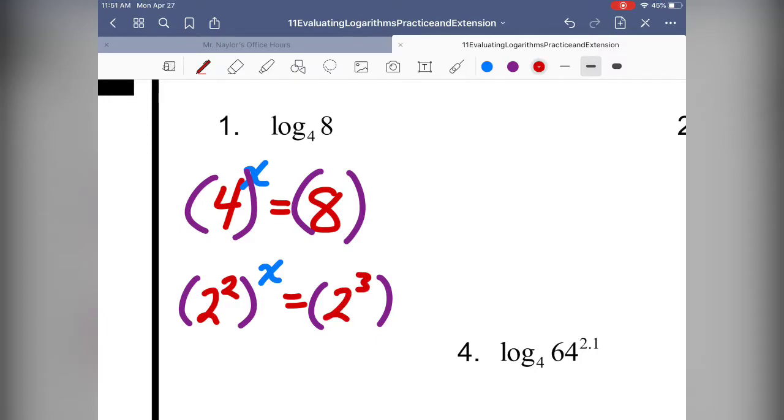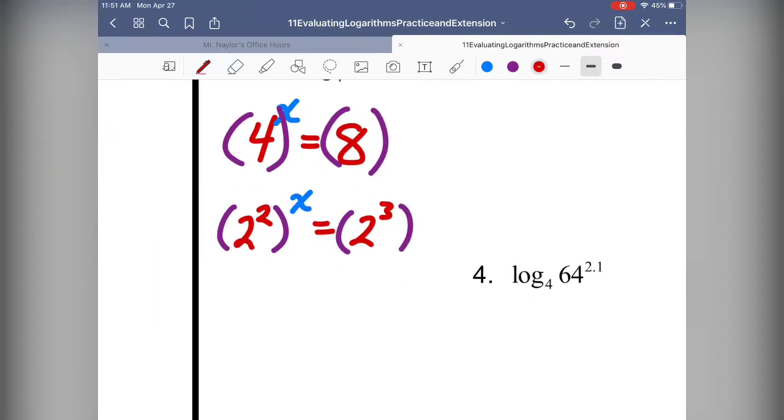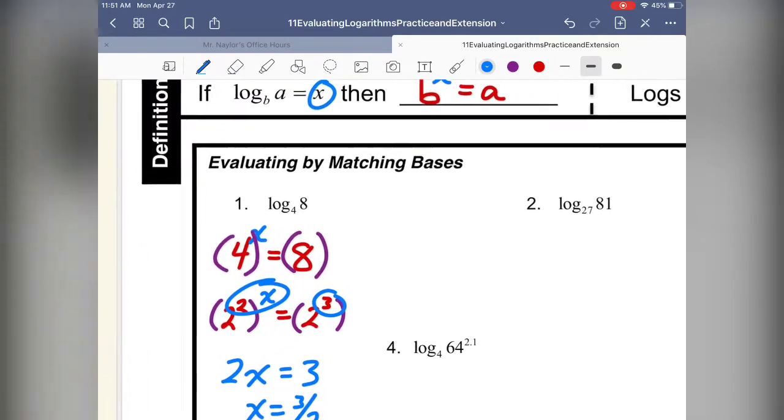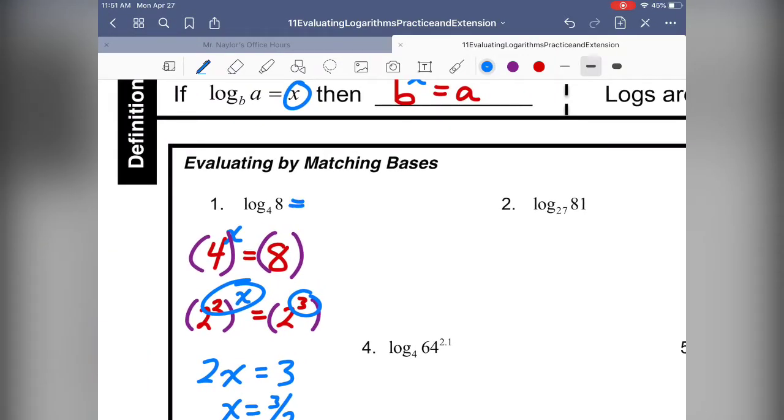Remember doing this just a few lessons ago? So now I'm able to say that the exponents would be equal. Now I'm able to say that 2x would equal 3. And that, of course, means that x equals 3 halves. So back to our original logarithm, that means that this log, base 4 of 8, is equal to 3 halves.